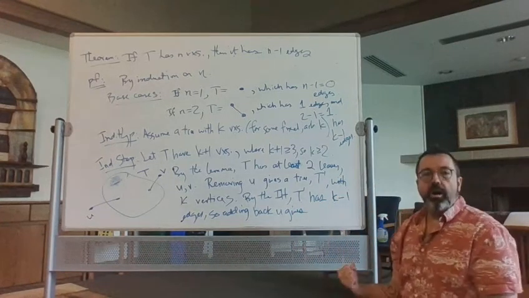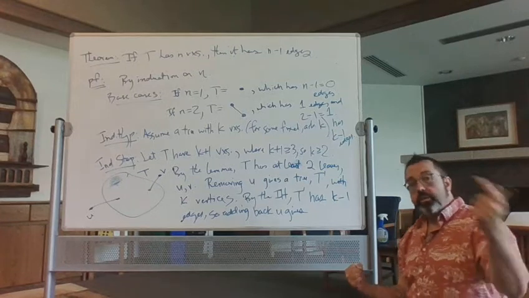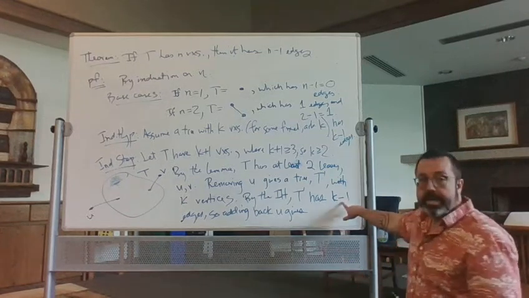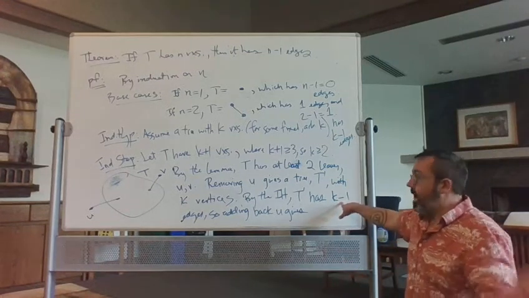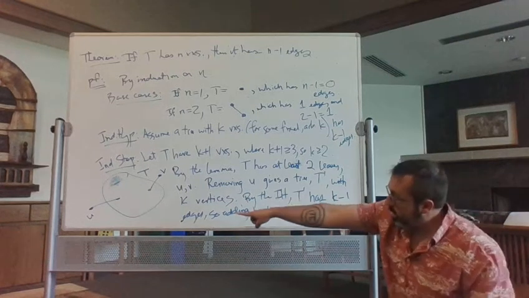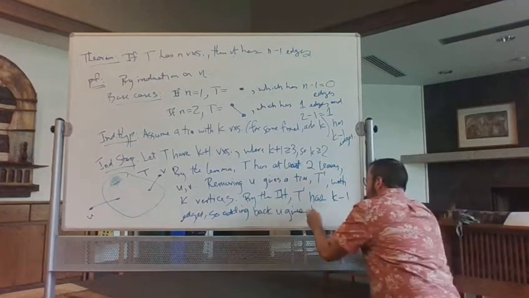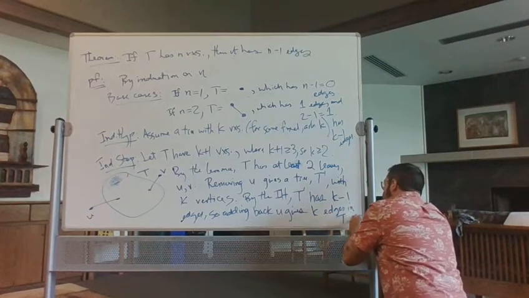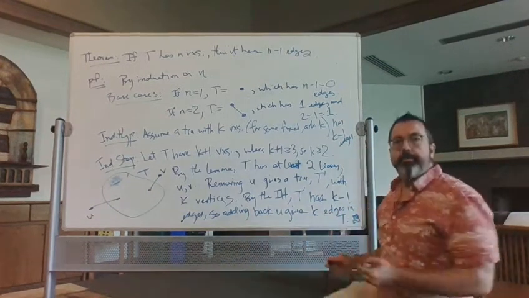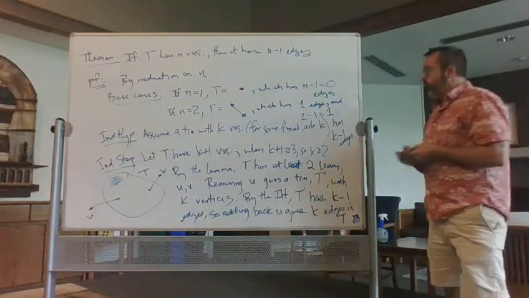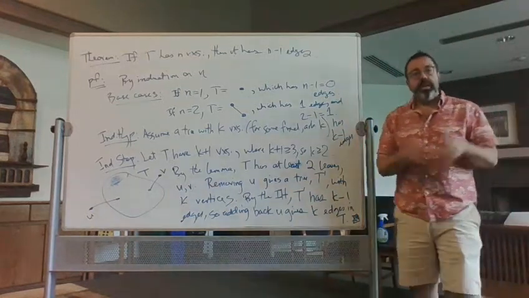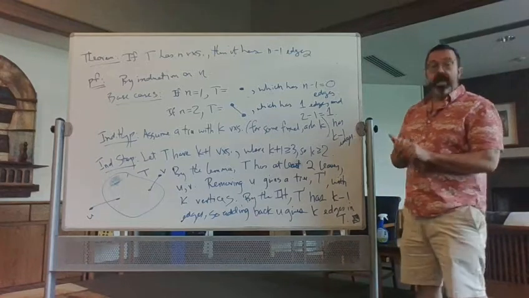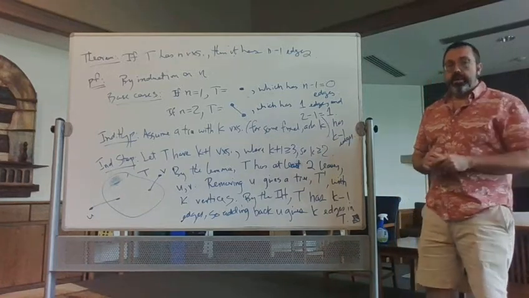We took U off to get a smaller tree to which we applied the inductive hypothesis to get k minus 1 edges. And now we add U back along with its little edge that connects it, to give us k edges in T. And that's it. That's the end of our proof. So we're able to prove that a tree with n vertices has n minus 1 edges in it.